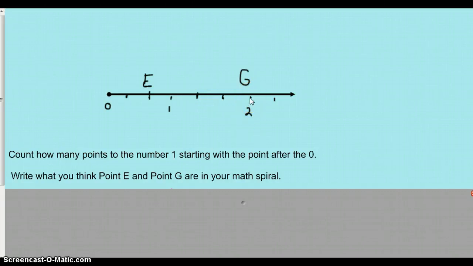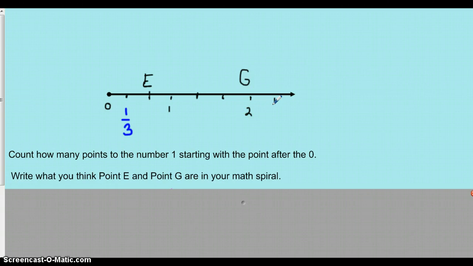Sure enough, it's in thirds. Okay, so this would be 1/3. Oops, let me get my pencil. 1/3. And then this would be 2/3, 3/3, 4/3, 5/3, 6/3, 7/3.